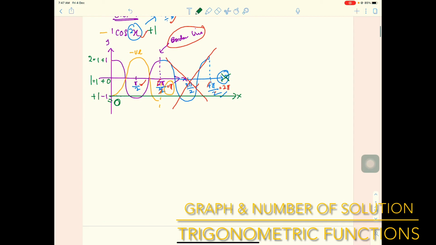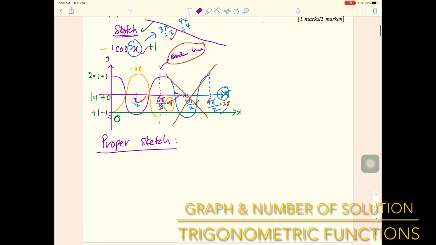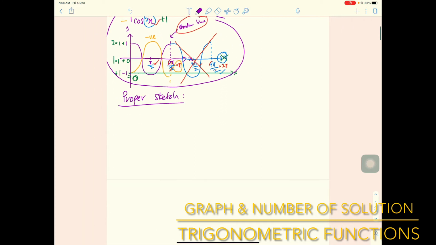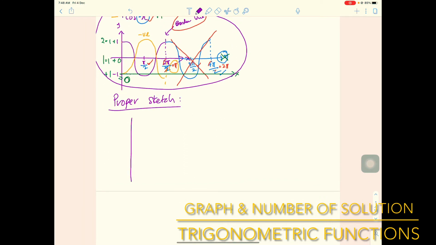And then what we do, this is the proper sketch. This is how we sketch the proper graph, according to the sketching. Let's say this is the first x-axis.